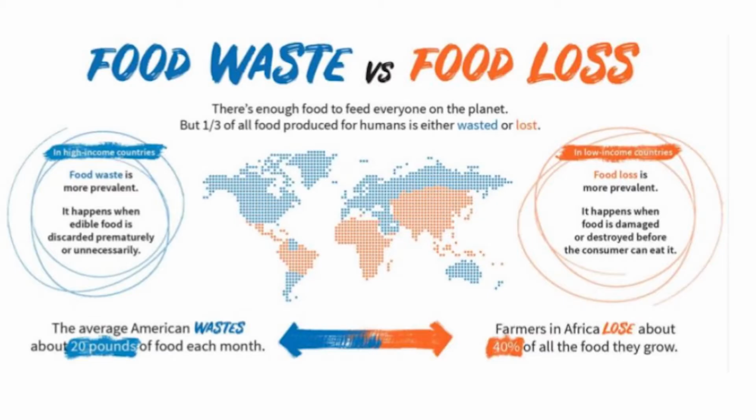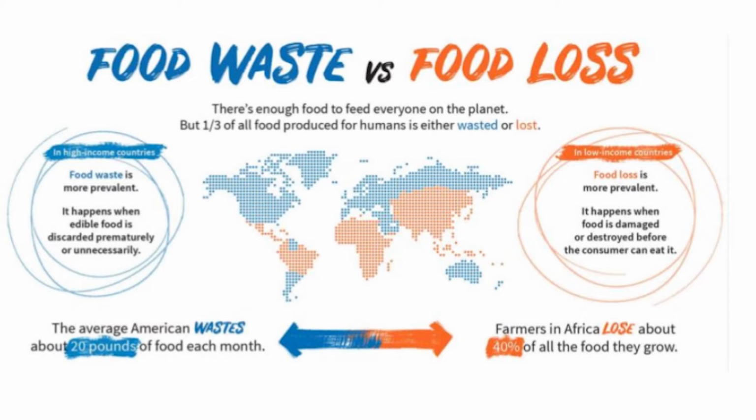Food waste and food loss are what contribute to that third of food that doesn't make it to humans. And the definition of these is slightly different. So food waste, which is the bigger portion of the loss, is what happens when edible food is discarded prematurely or unnecessarily. So that's like the stuff that gets to your house, goes in your refrigerator, and then you throw it away.